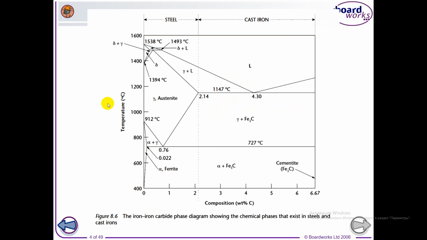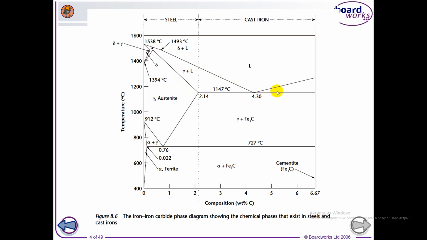This is the iron-iron carbide phase diagram showing the chemical phases that exist in steels and cast iron. As can be seen, there are many different possible combinations of steels and cast iron.